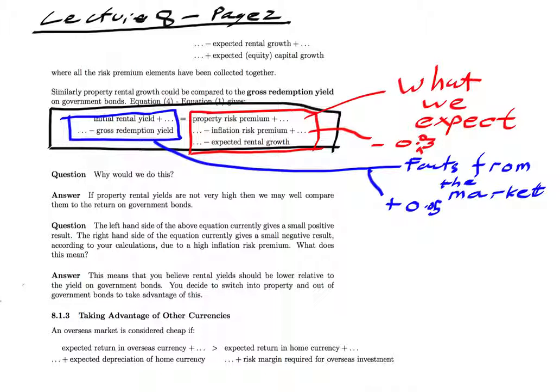So how could this happen? Well, it could be that we think, well, not that we think, it's actually true. It's that this initial rental yield is bigger than we expect. The writing on this thing's a bit slow today.